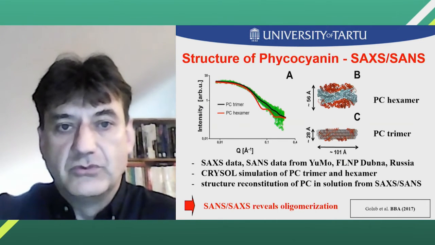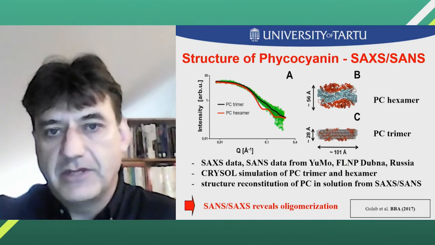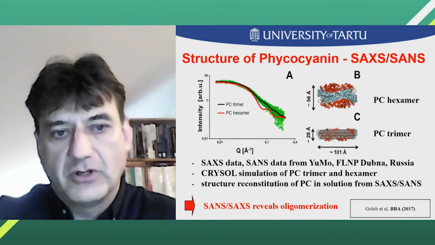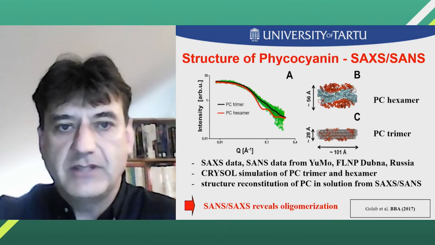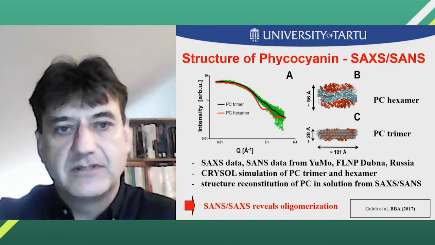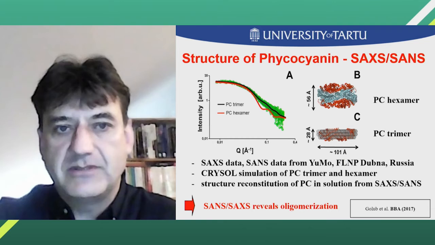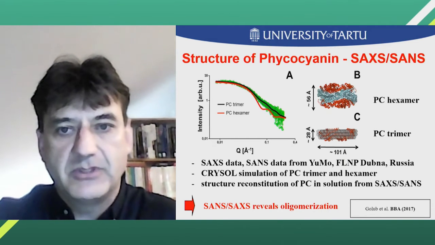That means if you study your solution by SAXS, you get green points, and advanced simulation tools that are available from the group of Svergun at DESY in Hamburg allow us to calculate the scattering curves directly from the PDB codes of these crystal structures, and you see that the curve of the trimer fits our data much better than the hexamer. So most probably we have a trimeric sample here.